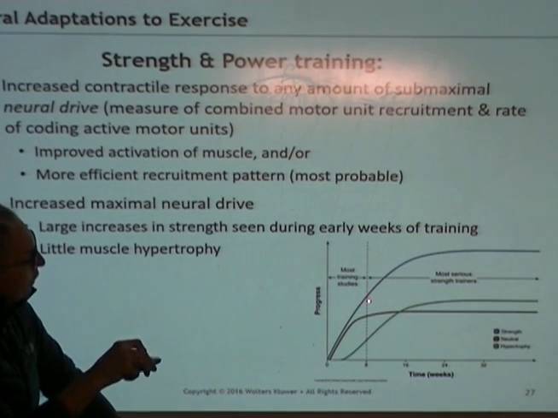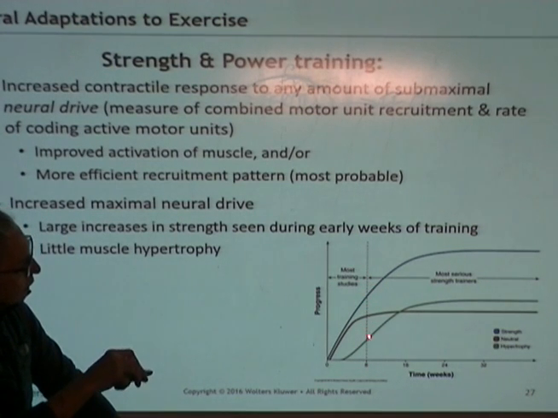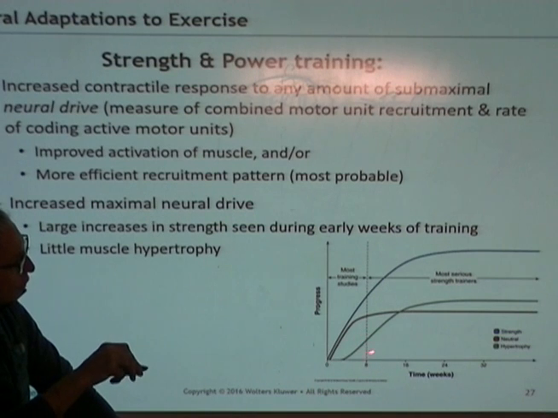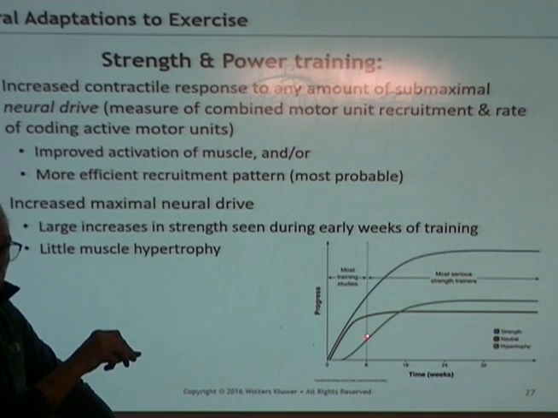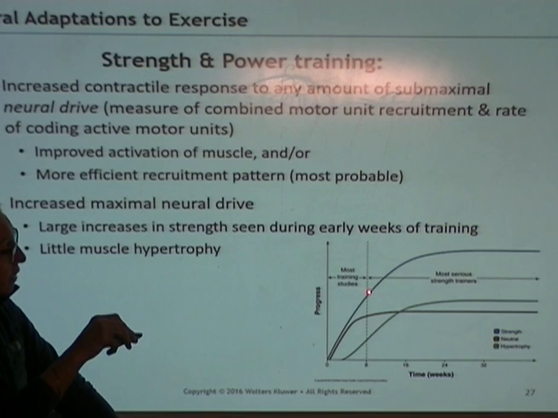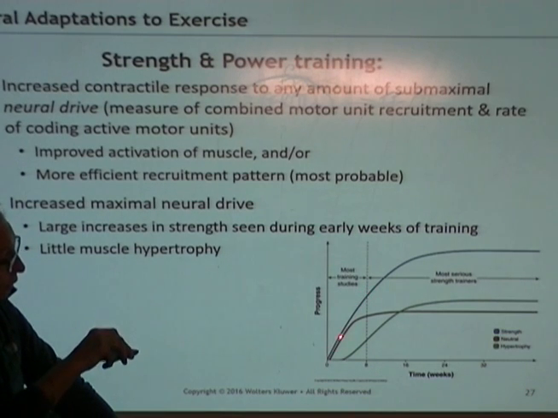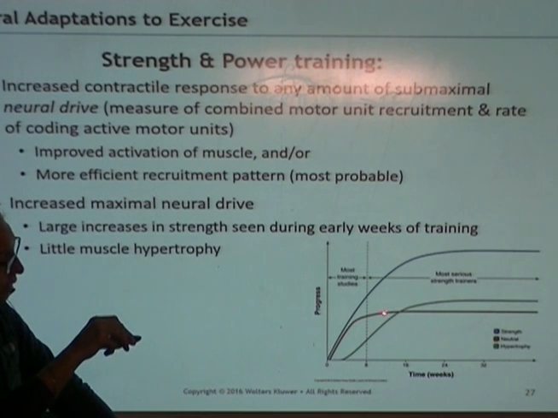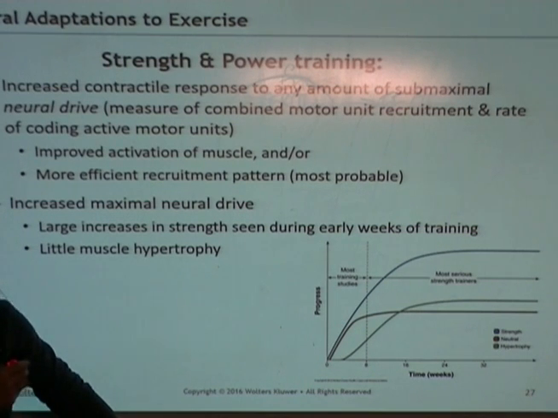But if we see here at 8 weeks, there's very little muscle growth at that point. But we've got a significant increase in strength, but it's tied to this increase, although that plateaus before we get to 8 weeks, but it ties to this increase in neural factors.